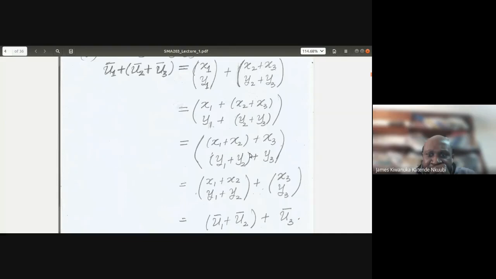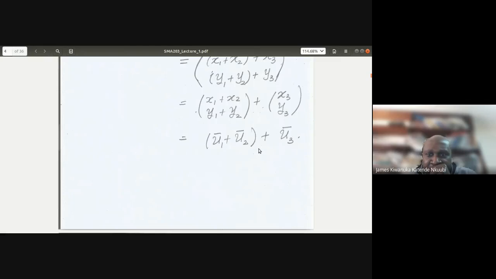I do the same for the next slot. And then again, I use the property of addition for vectors. I can split this into two vectors, (x1 plus x2, y1 plus y2) as one vector, plus another vector, (x3, y3). But the first is simply the sum of u1 and u2, so we can put that in brackets and then add that to u3.